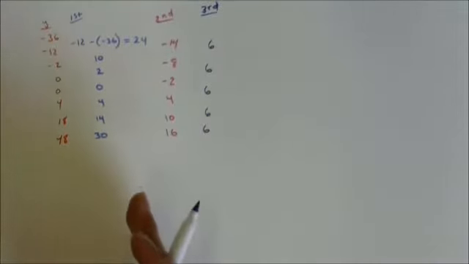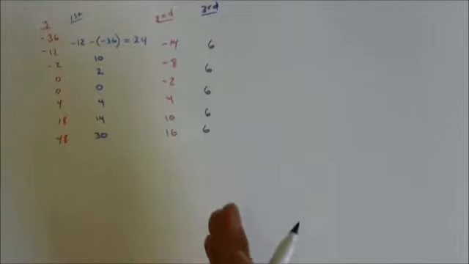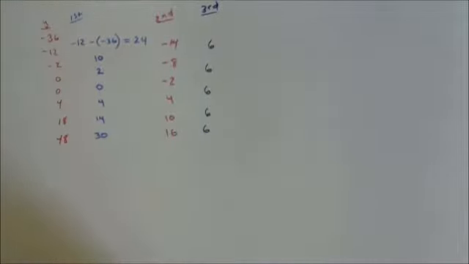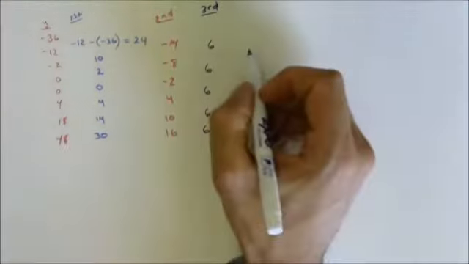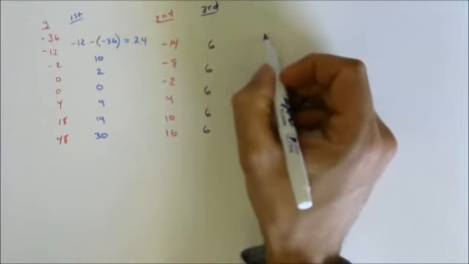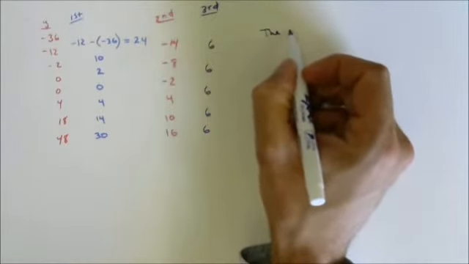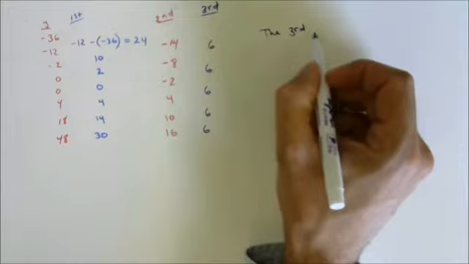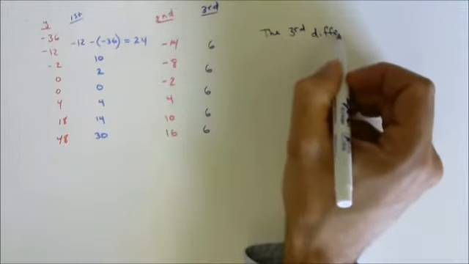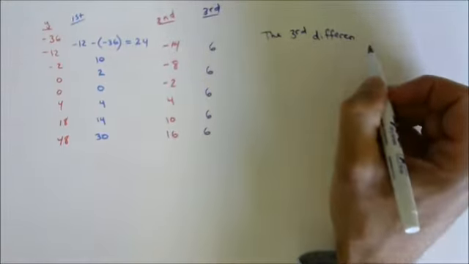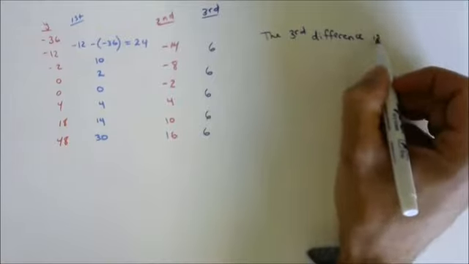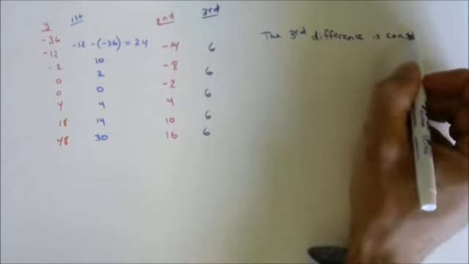We did the table of values and we determined finite differences until we got a constant. What does this tell us? It is cubic. Okay, so I'm just going to make a note. The third difference is constant.